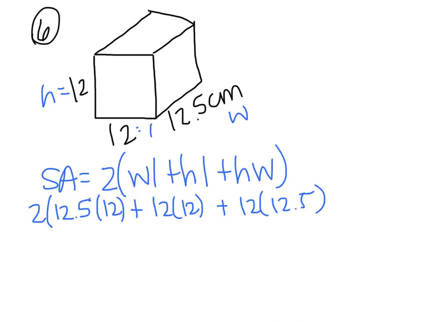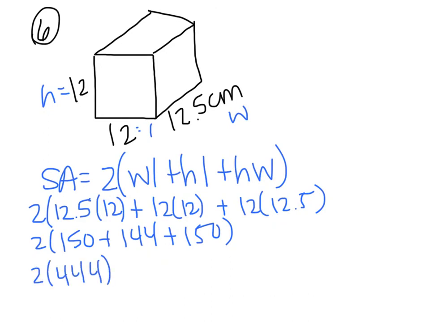So 12.5 times 12, 2 times 150 plus 144 plus 150 is 2 times 444, which is 888 centimeters squared.